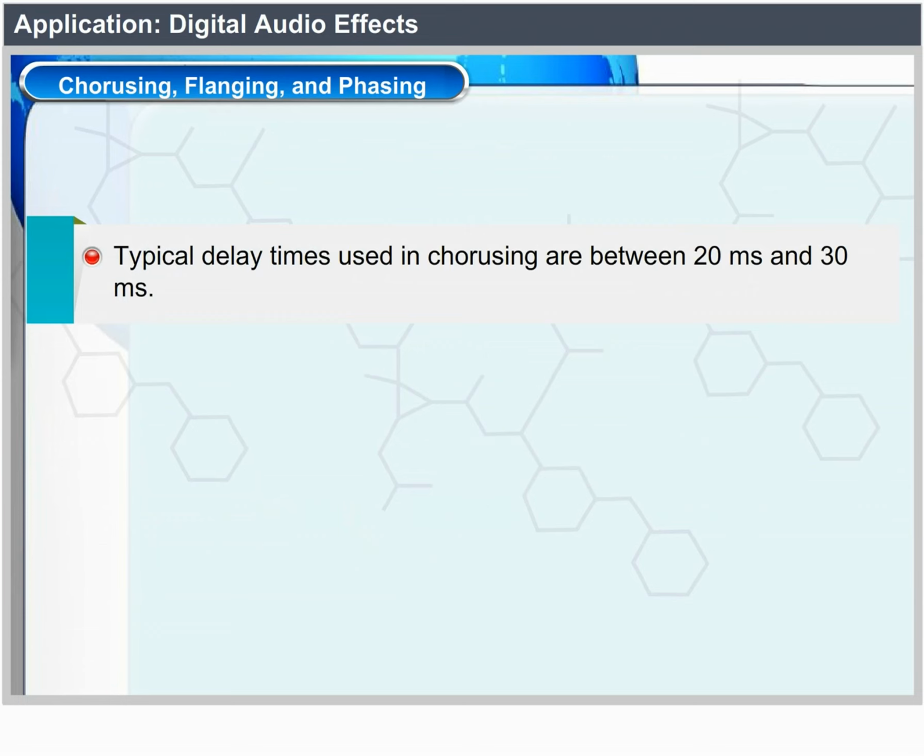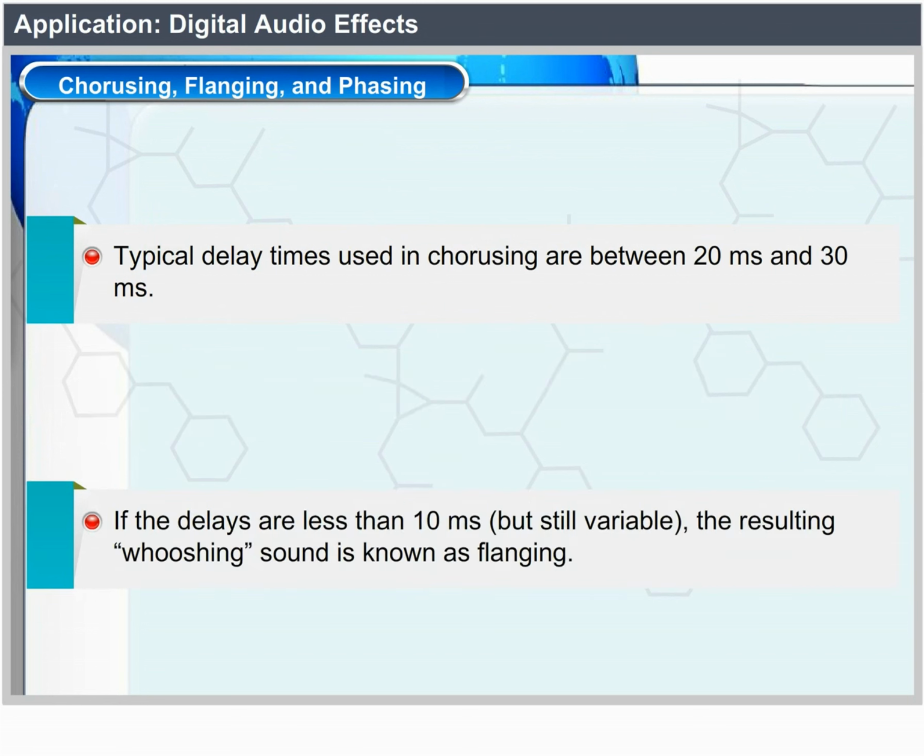Typical delay times used in chorus units are between 20 ms and 30 ms. If the delays are less than 10 ms but still variable, the resulting whooshing sound is known as flanging.